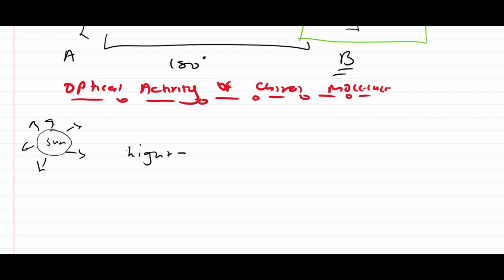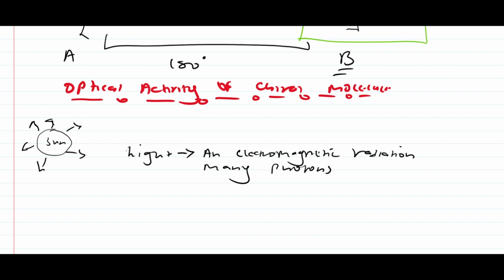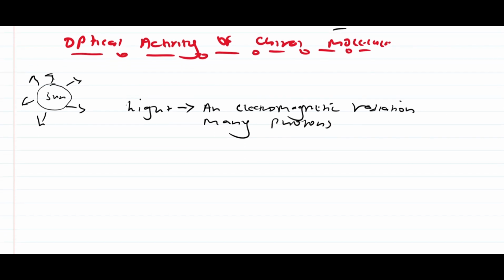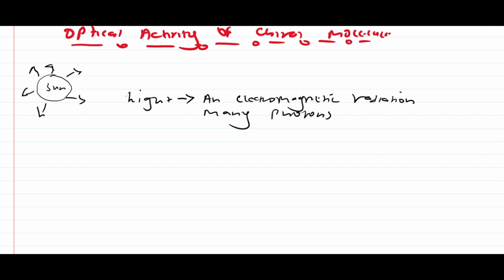But how can we define light? Light is an electromagnetic radiation composed of many photons.